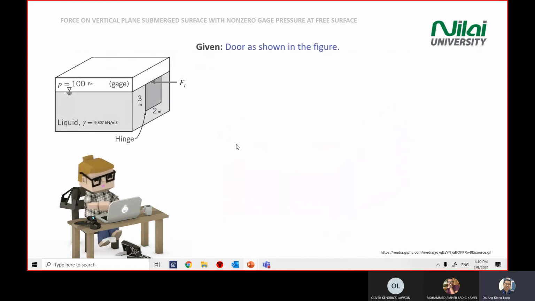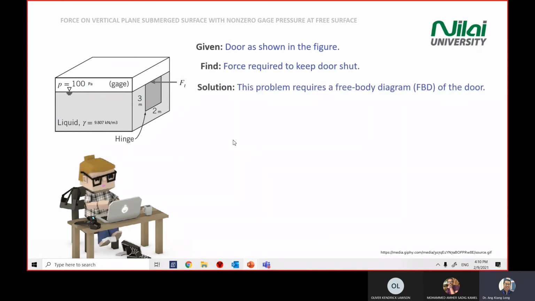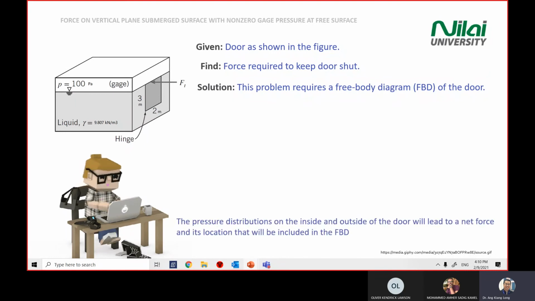Okay, we start solving our problem. We need to draw our free body diagram. In your coming test or final exam, if you see a problem where you're given an object and you need to find forces, you need to draw out a free body diagram.